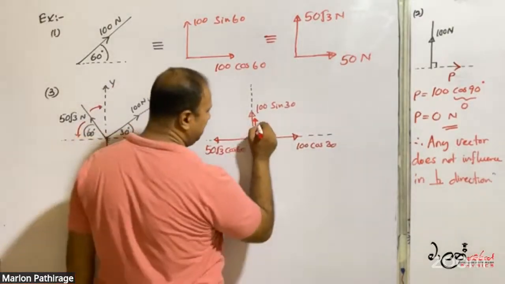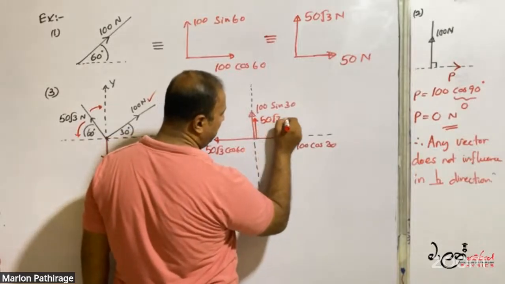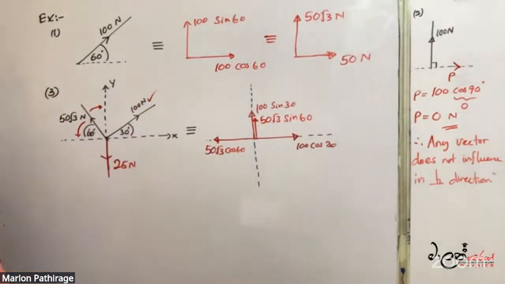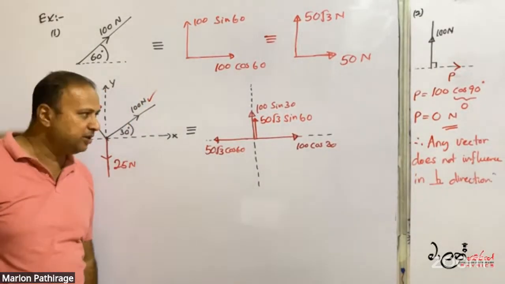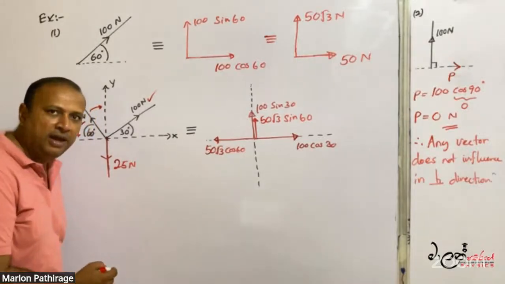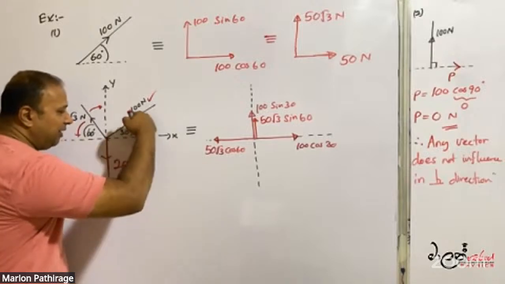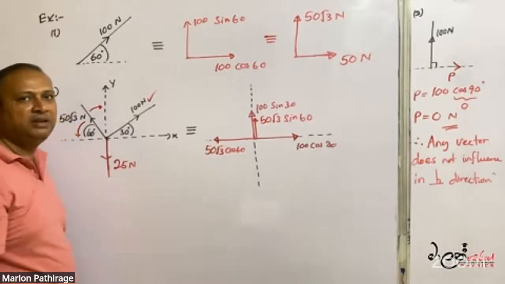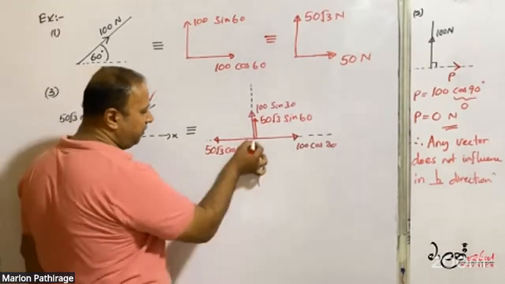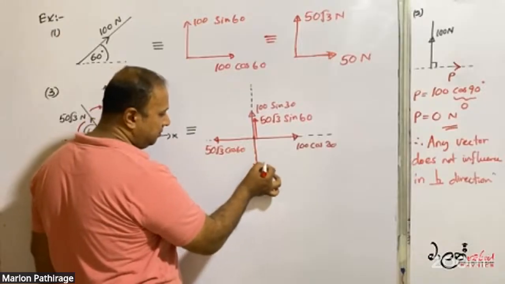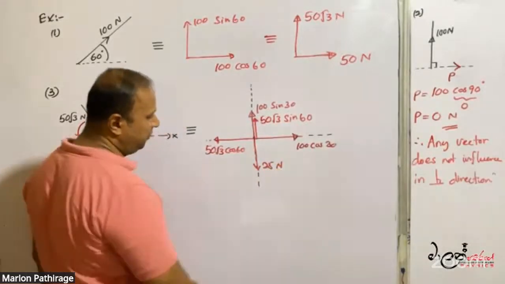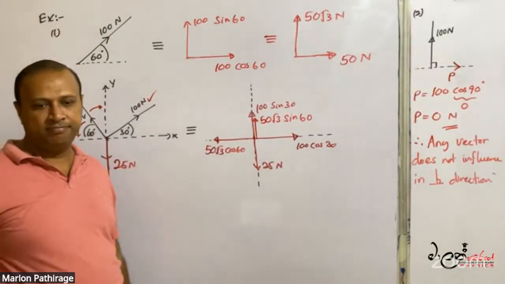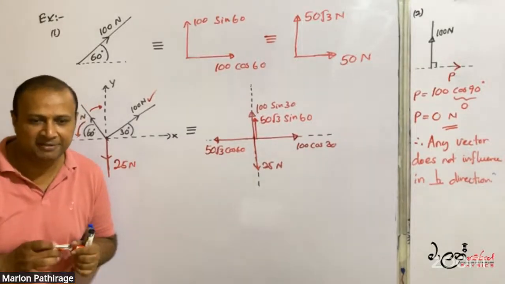Sin 60 is downward, therefore as we mentioned earlier, the perpendicular component will be 0, so it has only a vertical component. Is that clear? If it is clear, please raise your hand.